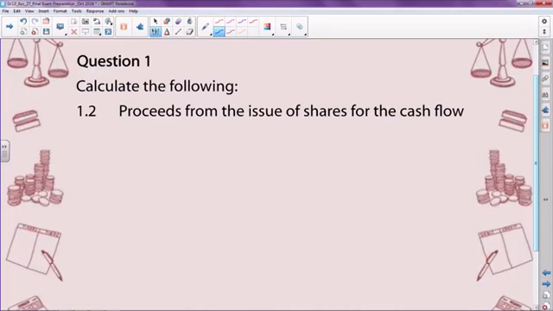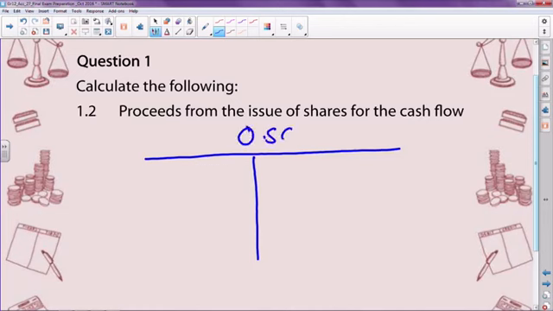Okay, next question. We now have to calculate the proceeds of the issue of shares for the cash flow. Now remember something. The most important is your ordinary share capital. Right, where do we start?